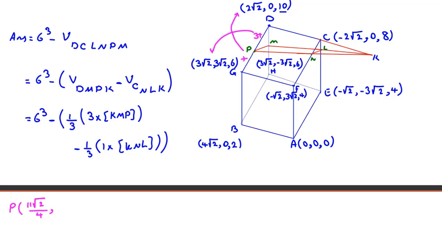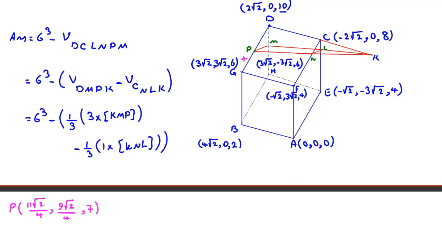For the y coordinate, 3 times 3 root 2, 9 root 2, plus 0, 9 root 2 over 4. And the last one, 3 times 6, 18, plus 1 times 10, 28 over 4. It will be 7.